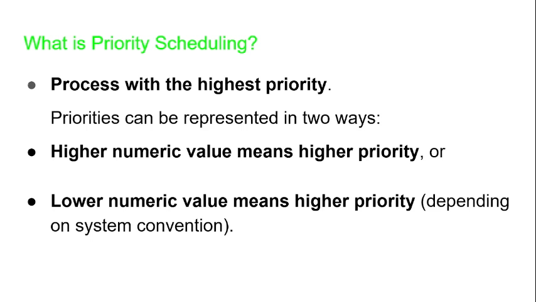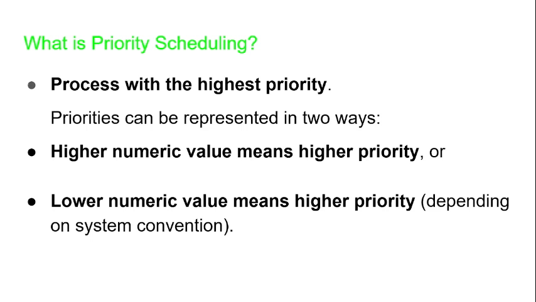Priority can be represented in two ways. Either the higher the numerical value, the higher the priority, or the lower the numerical value, the higher the priority, depending on the system convention.